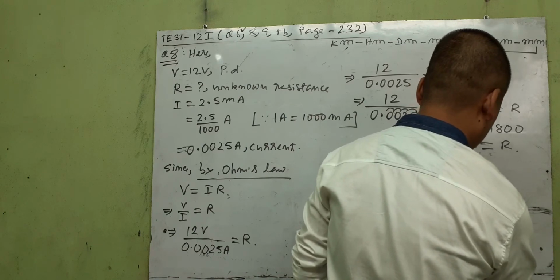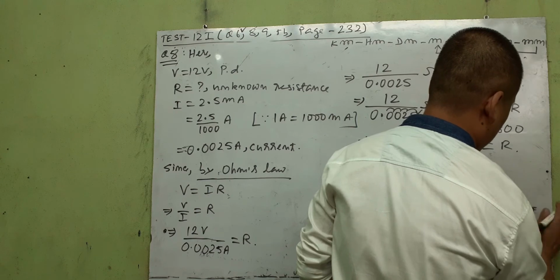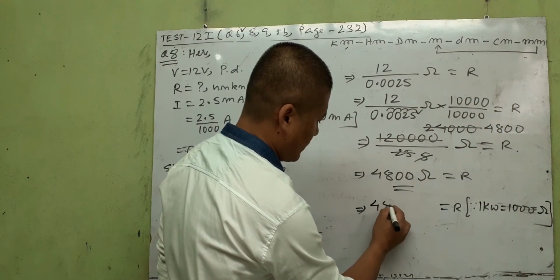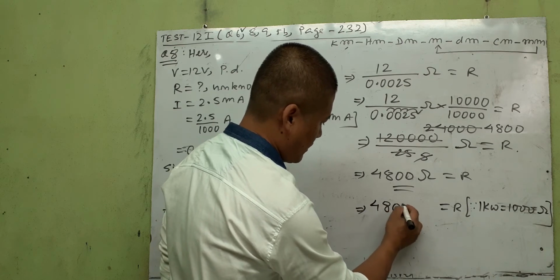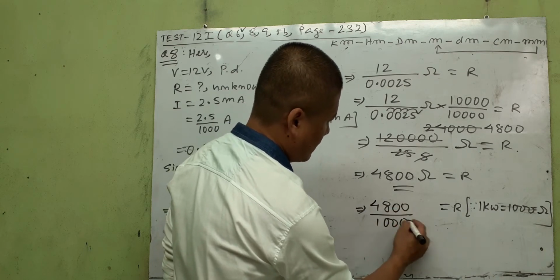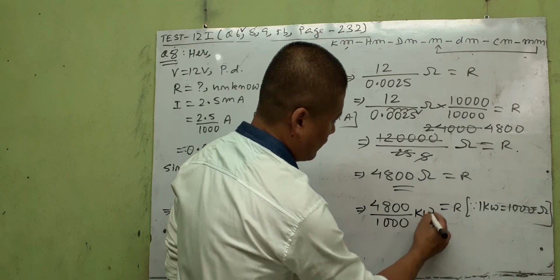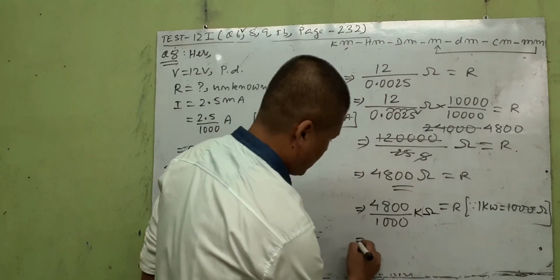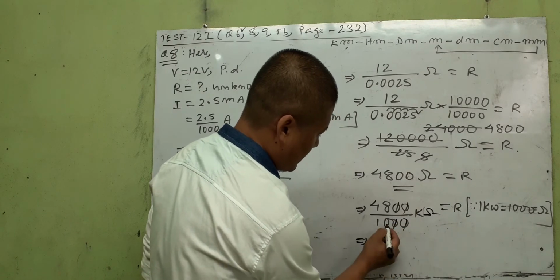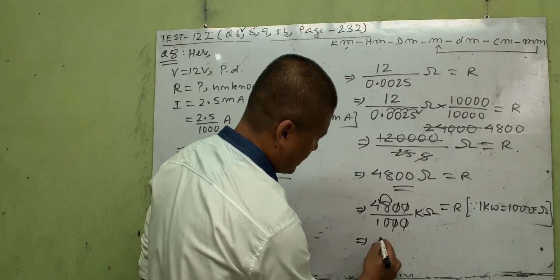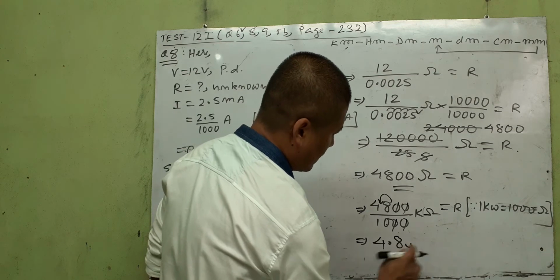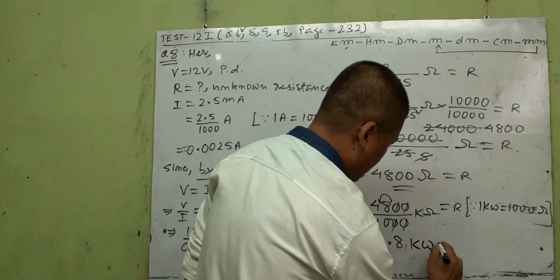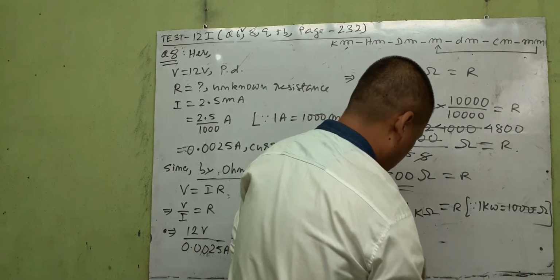Since we know that, changing small to big means divide by 1000. Then this ohm will change to kilo ohms, not kilowatts, sorry, kilo ohms. So 0 cancel, 1 more 0 means the decimal moves between 4 and 8, 4.8 kilo ohms if you want to give in the textbook style.